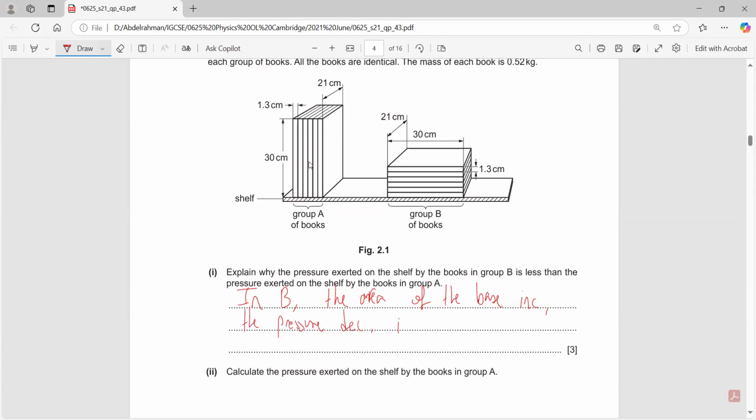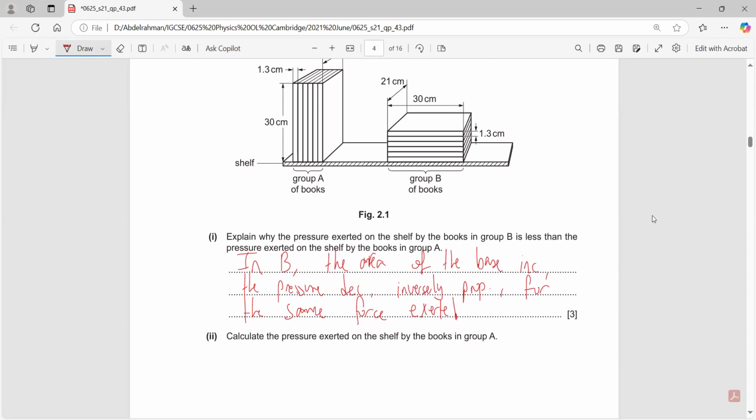Why? Because they are inversely proportional, for the same force exerted. Definitely, if the force increased, then the pressure would have increased. But since they are the same weight, the force will be the same.